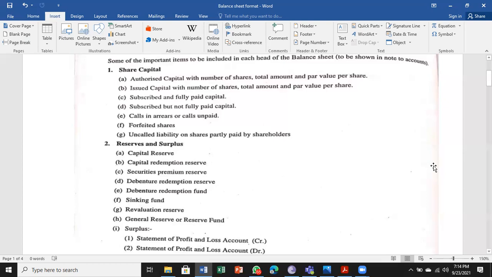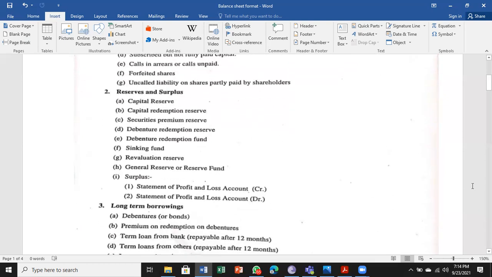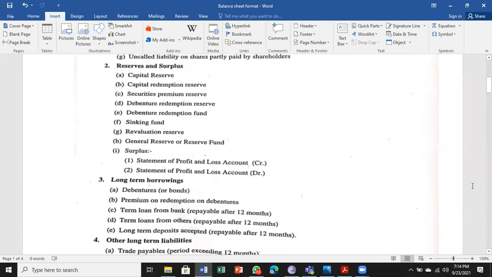Next, reserves and surplus. When the profit comes after tax, the company cannot give away all the profits to the shareholders. They have to keep some money for the company's growth, the company's expansion, and any problem that arises in the company.